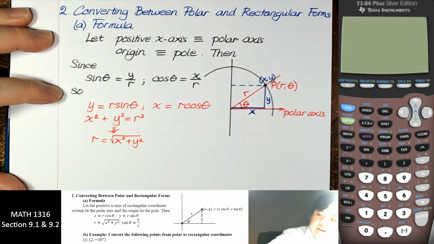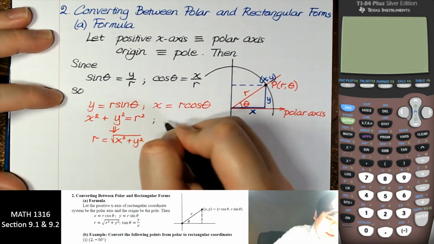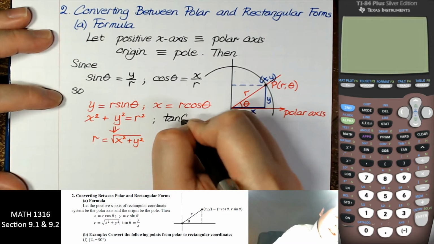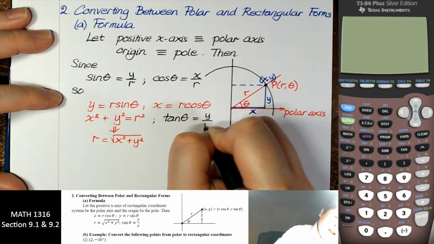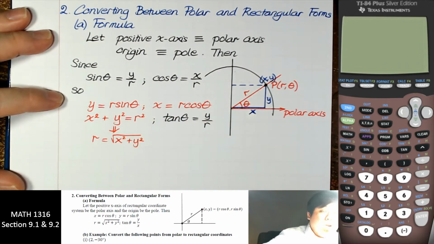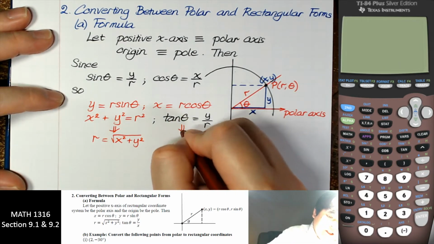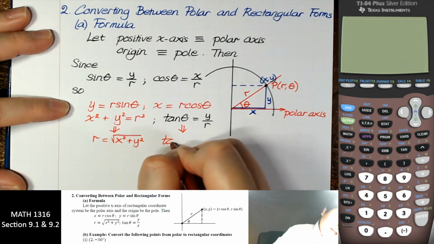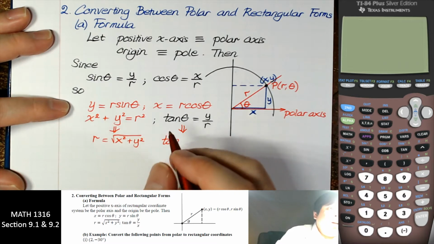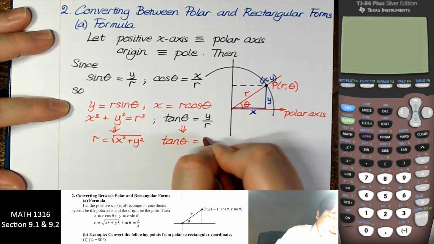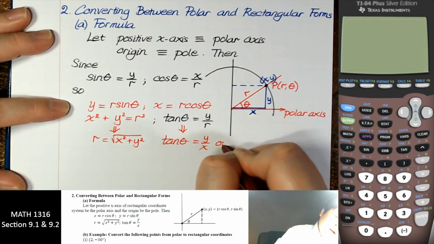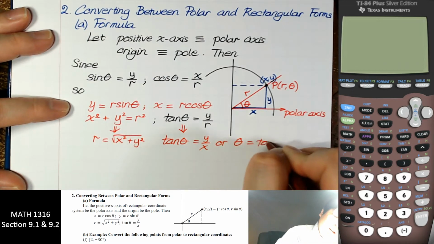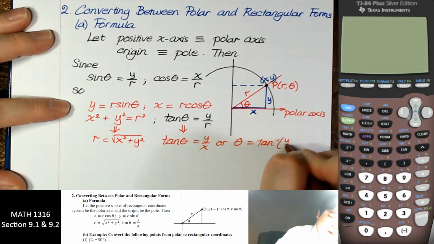And also we have tangent is y over x, and if we take the inverse, tangent theta is y over x, or theta equals tangent inverse of y over x.